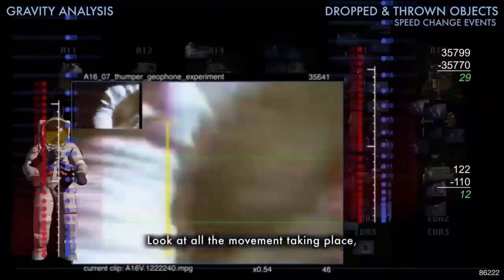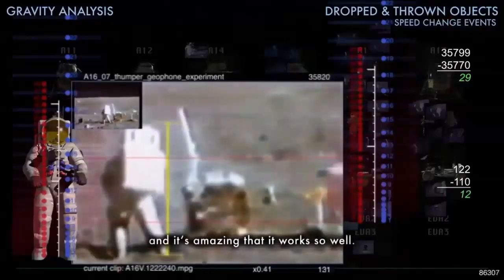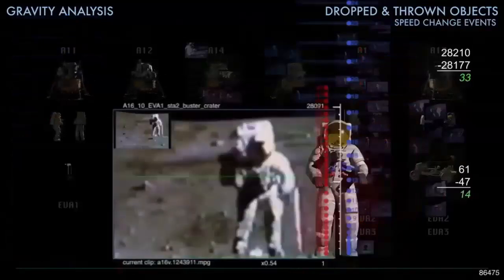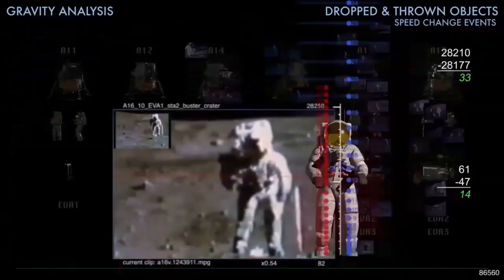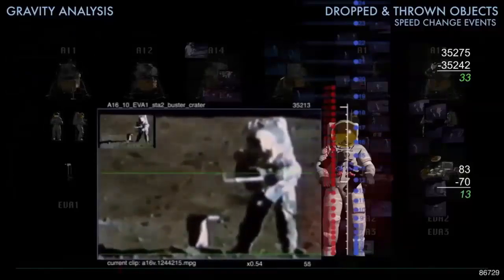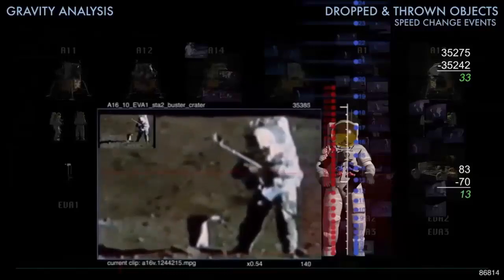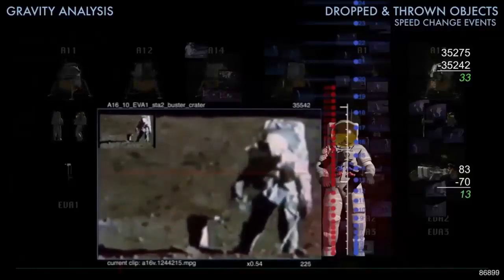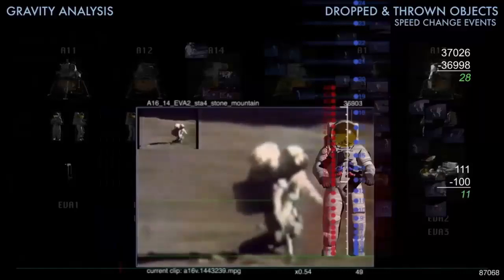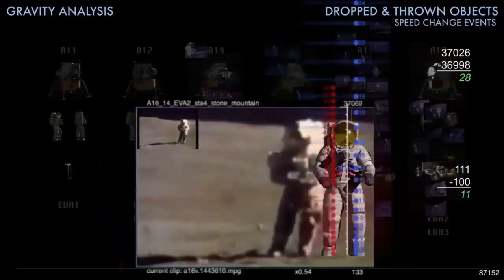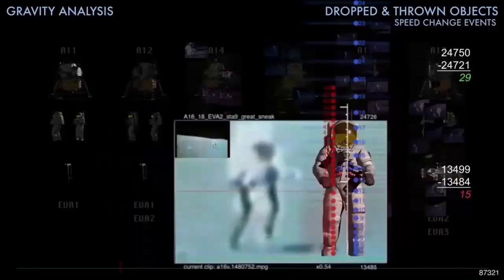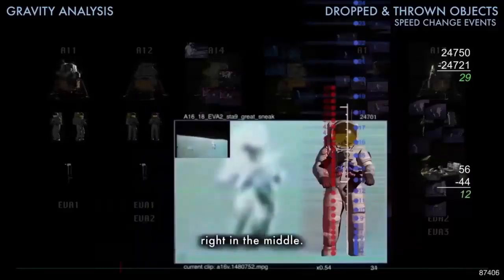Look at all the movement taking place. Look at the factor change timing. And it's amazing that it works so well. He's running at us in slow motion, and there's a speed change right in the middle.